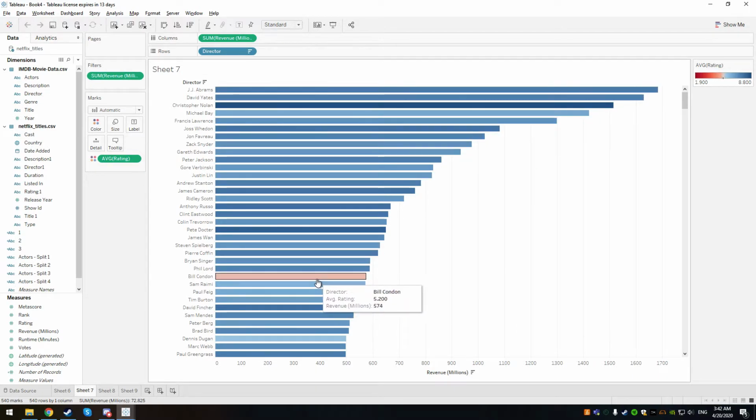So if it goes red, it means low rating, and if it goes darker blue, it means high rating, and it's ascending by the revenue of directors, so it can easily tell which director made much profit on their movies.